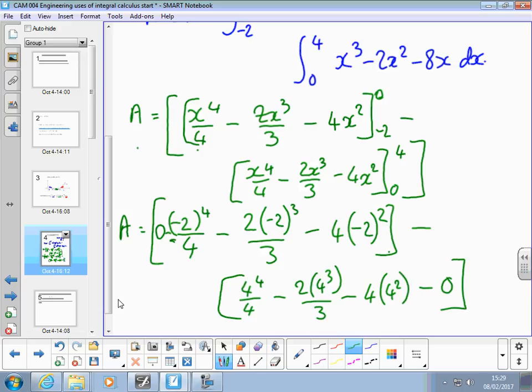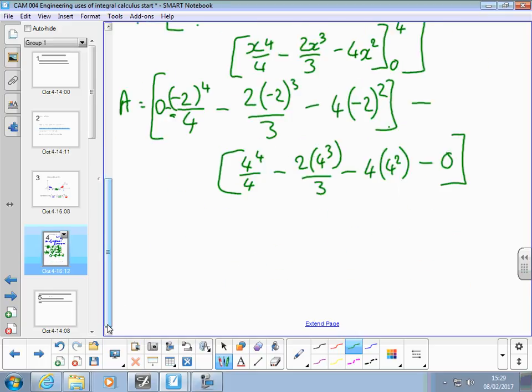For completeness, that integral when x is nothing is equal to nothing. Probably best to evaluate the two halves here. We should get, if I've done everything right, the answer 49 1/3 square units.